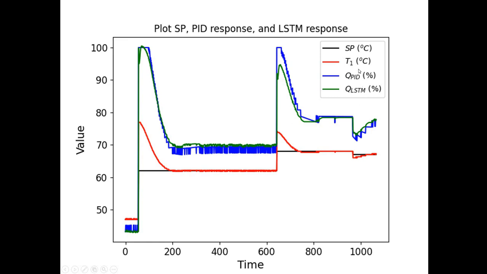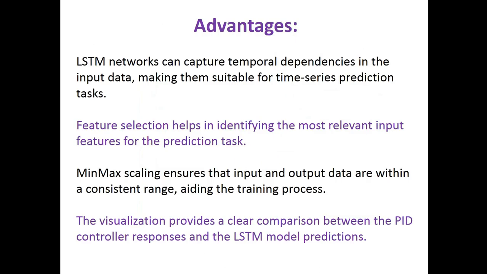So you can see QPID percentage and QLSTM percentage are both nearly matching. That means the LSTM model, that is a neural network model, is almost similar to the simulated PID. So this proves that LSTM networks can be used for creating PID models successfully.